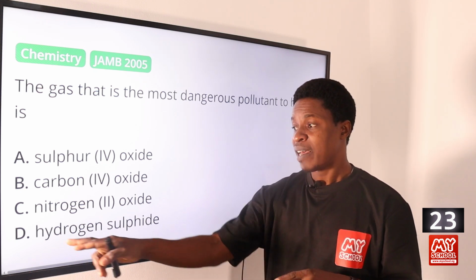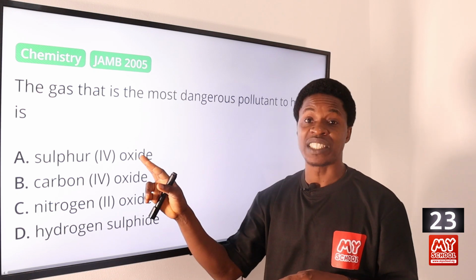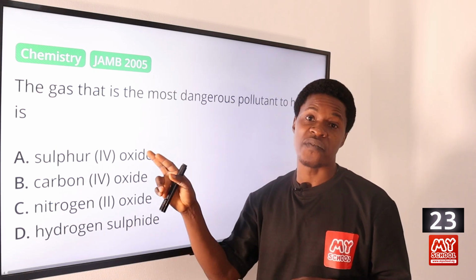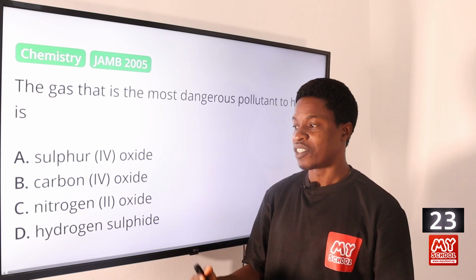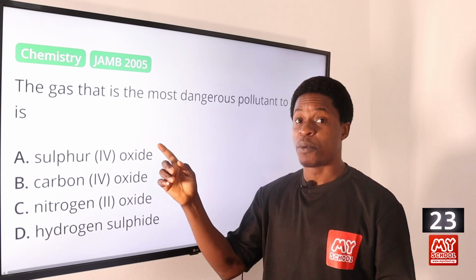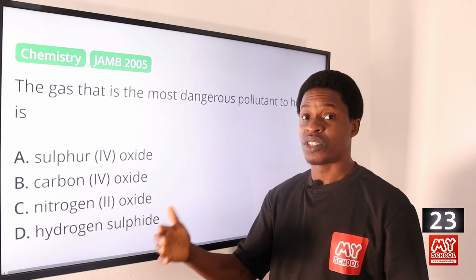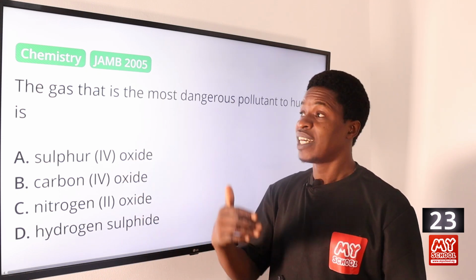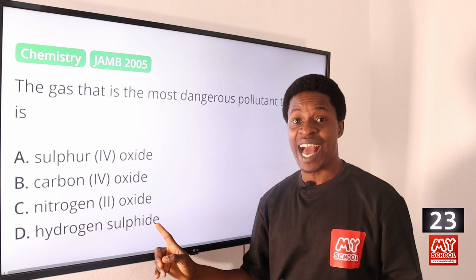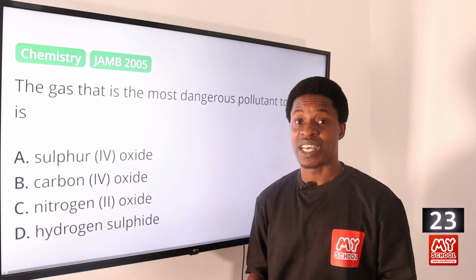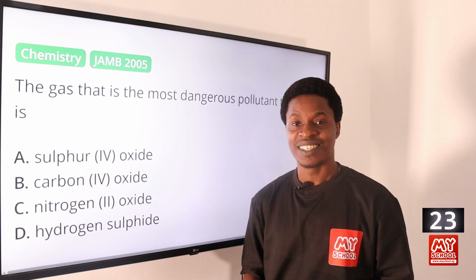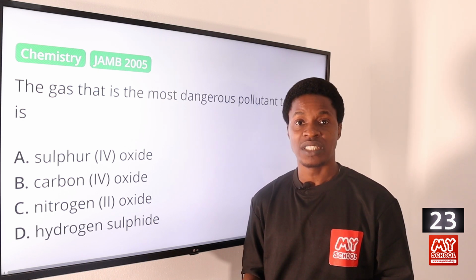Sulfur dioxide also has an effect, but hydrogen sulfide has more effect on human health. So hydrogen sulfide is a better option compared to sulfur oxide, SO2. Based on that, the correct answer is option D, hydrogen sulfide.